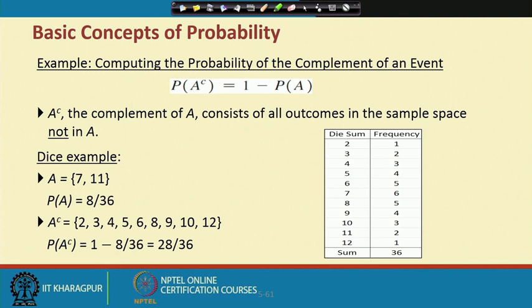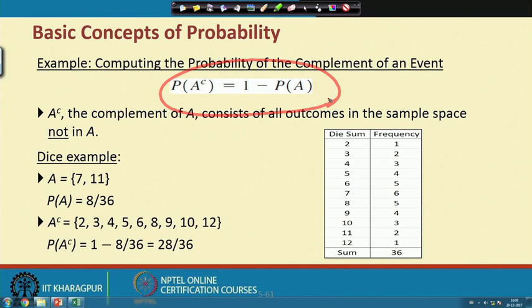As a result, there is a concept called A to the power c, the complement of A, that is just the opposite side. If the event is occurring in a particular situation, then the chance of non-occurrence will be 1 minus the probability of occurrence. That is how the structure is written, and this is the complement of A.